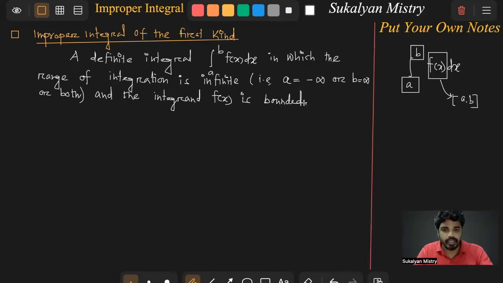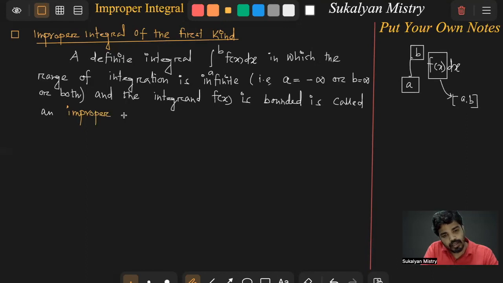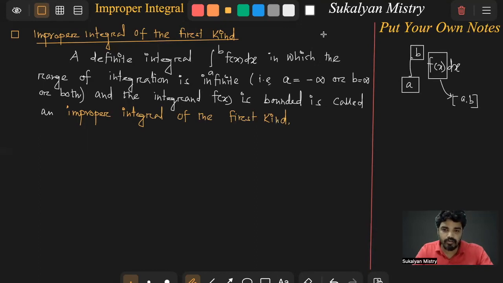So then it is called an improper integral of the first kind. Okay. For example, suppose we consider this example.